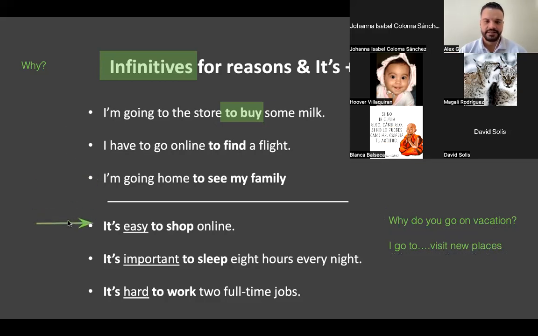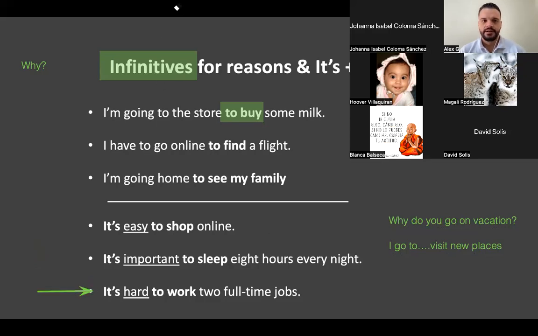Blanca, can you read the next one? It's easy to shop online. The next one? It's important to sleep 8 hours every night. And finally, it's hard to work two full-time jobs. Absolutely.